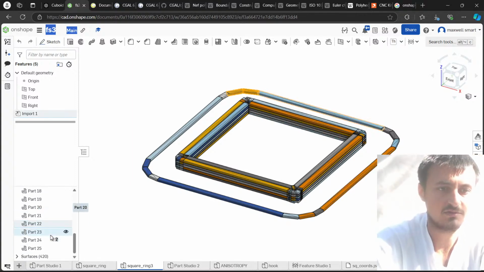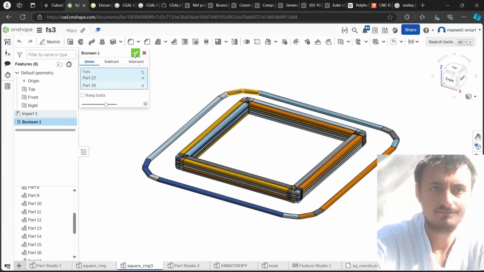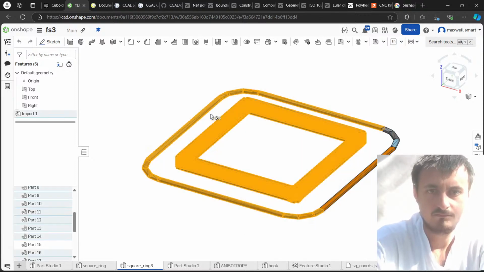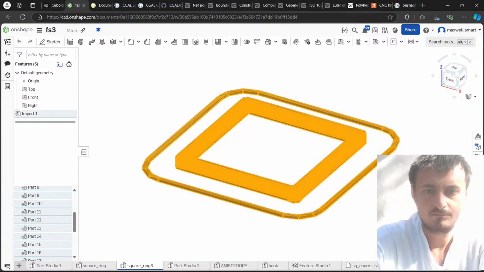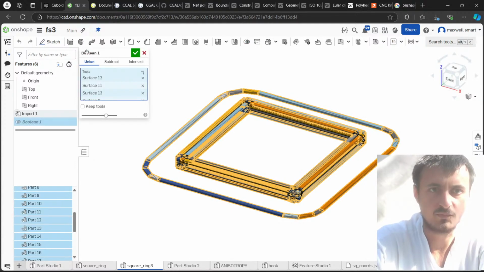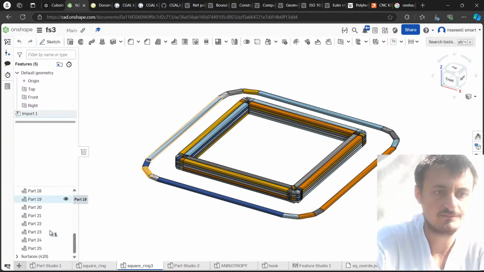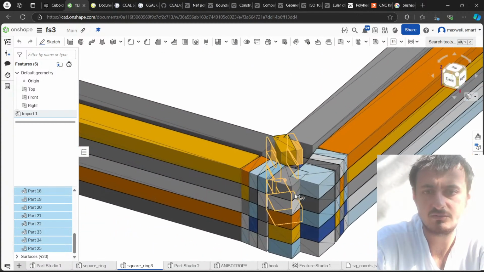Let's see, how many parts are there? 25. Can I use a mix of solid? Okay, wait. Let's try union all the parts together. See, that's weird.